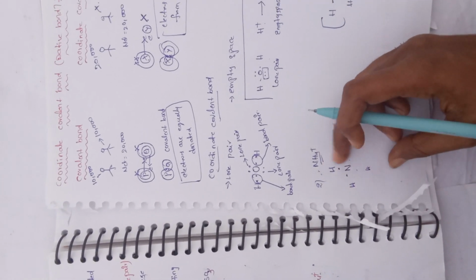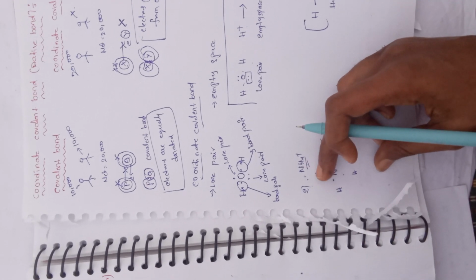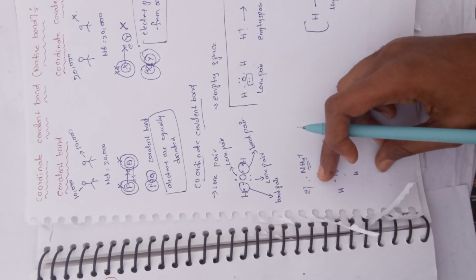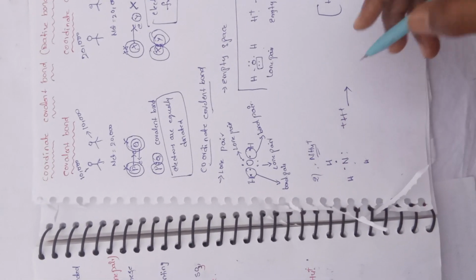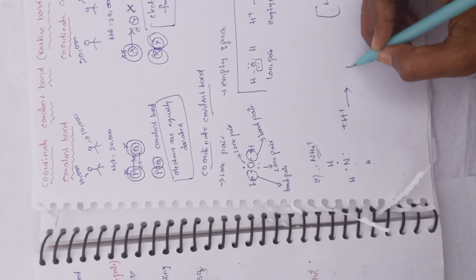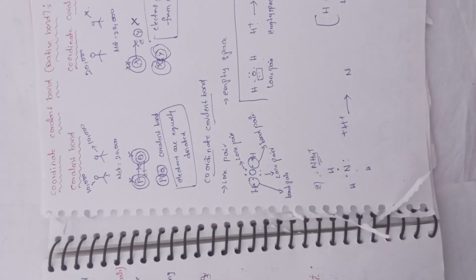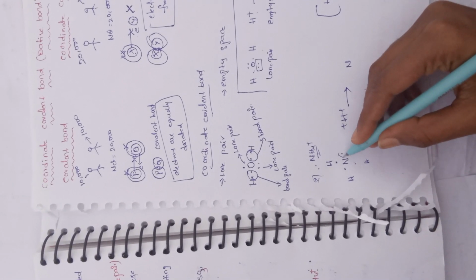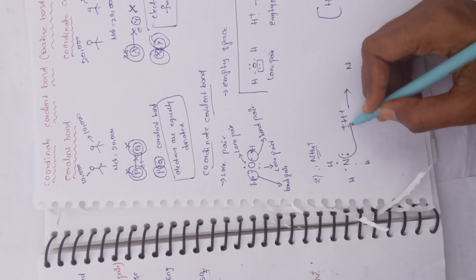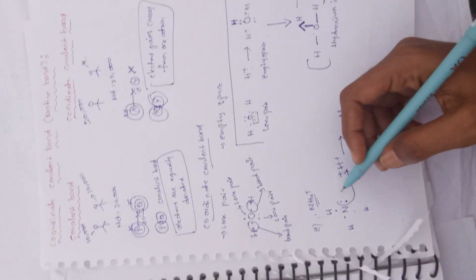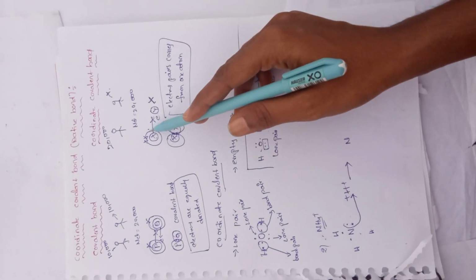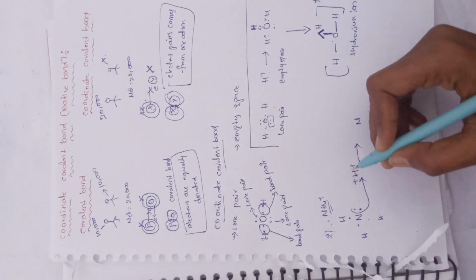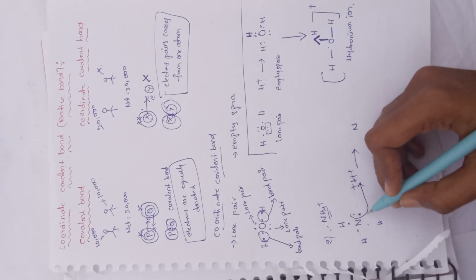To satisfy the octet rule for nitrogen, how many electrons do you want? 3, right? Now the shared pair of electrons is donated to this.